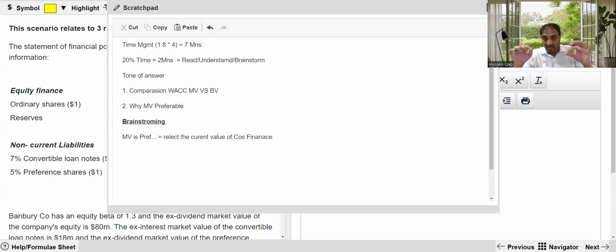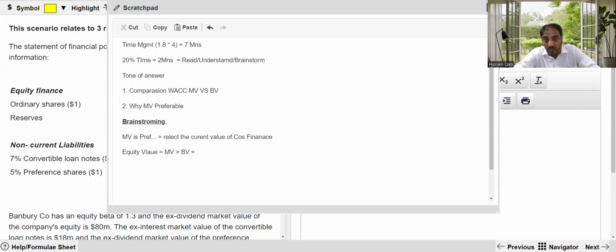Always try to start your theory answer with a very simple statement. For example: market value is preferable because it reflects the current value of the company's finance. Then you need to add more points. For example, with respect to equity, the market value is normally greater than book value.